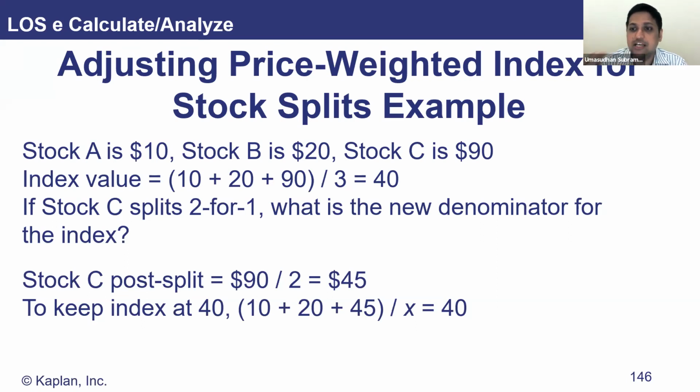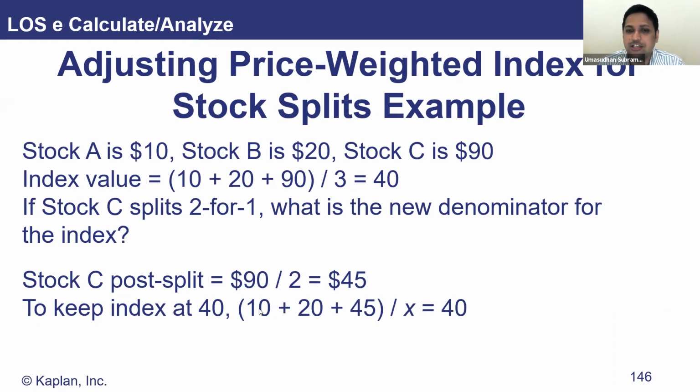So what we do is we need to keep the base period index at 40, because that was the index before the stock split. So what you need to do is change the base number of stocks. 10 plus 20 plus 45 should give you 40. So if you use 3, because there are 3 stocks, you won't get 40.